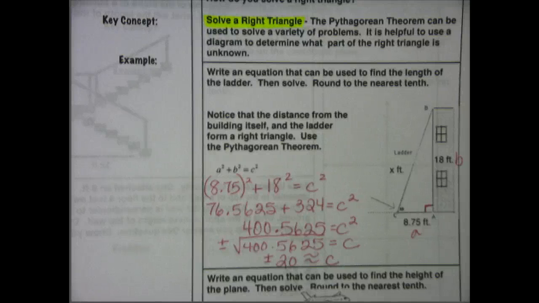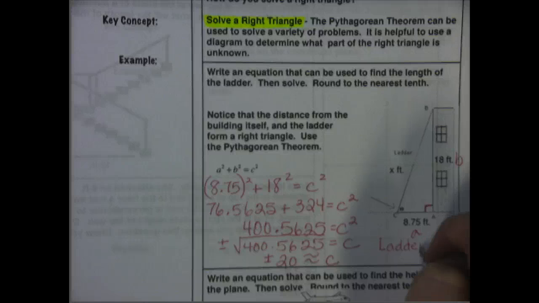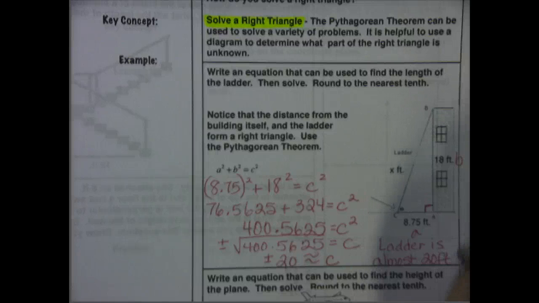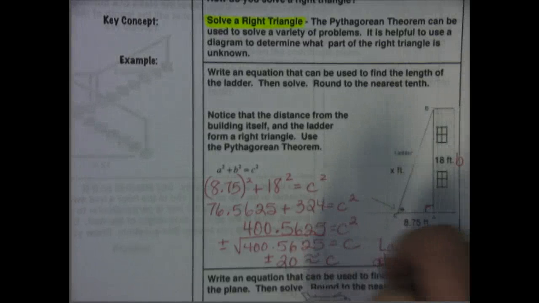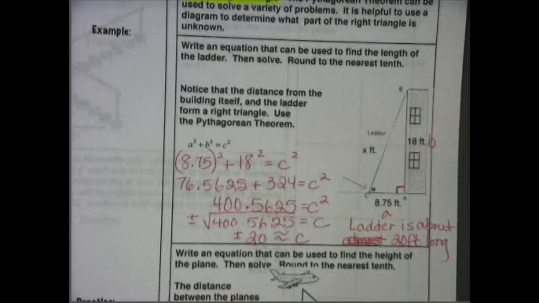So our answer would be approximately plus or minus 20, but we know that you can't have a negative length on a ladder, so we know that the ladder is about 20 feet long.